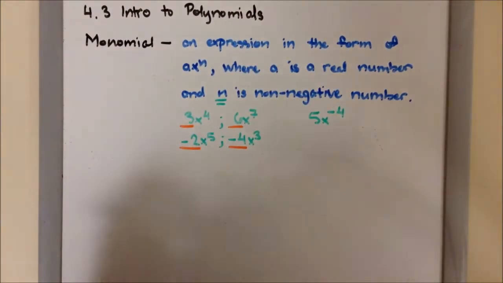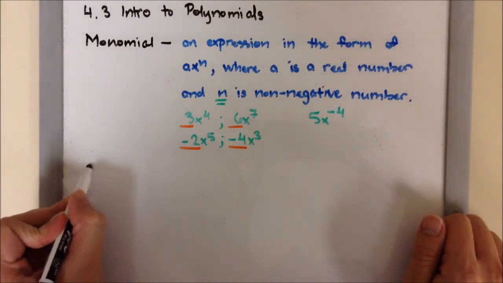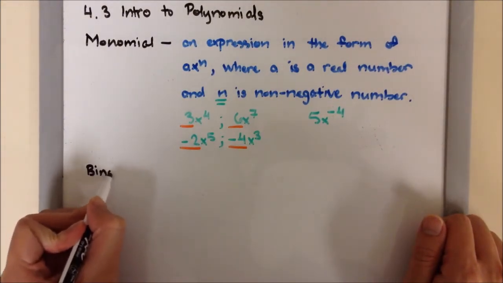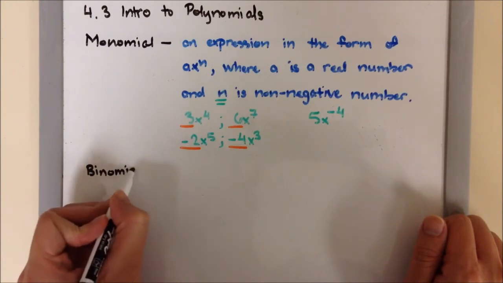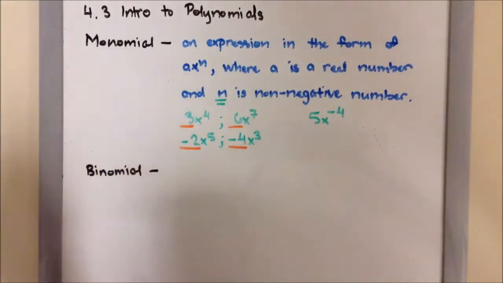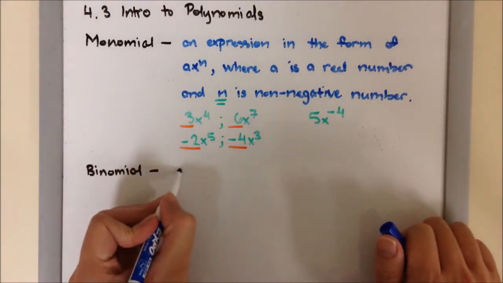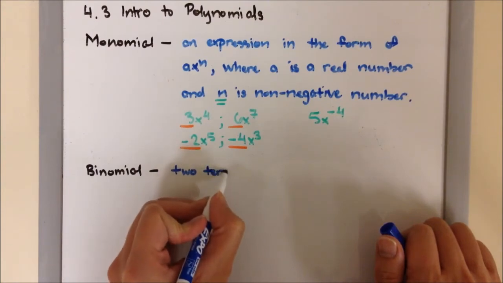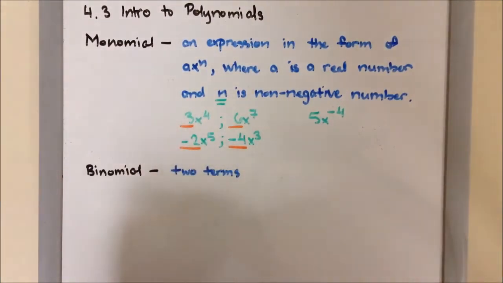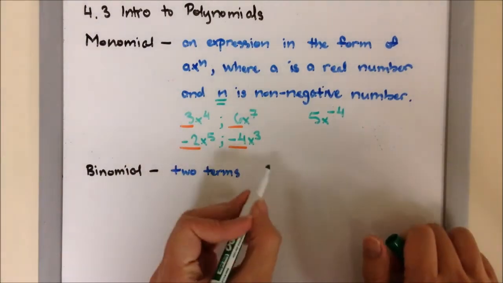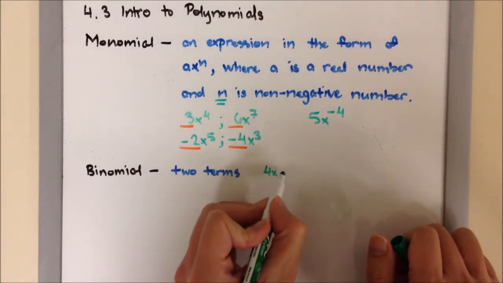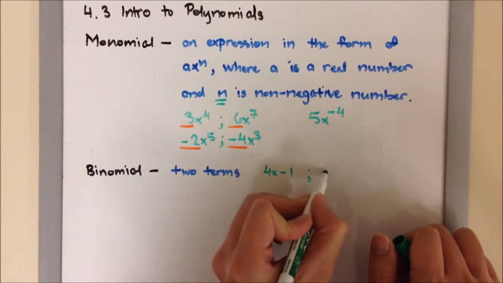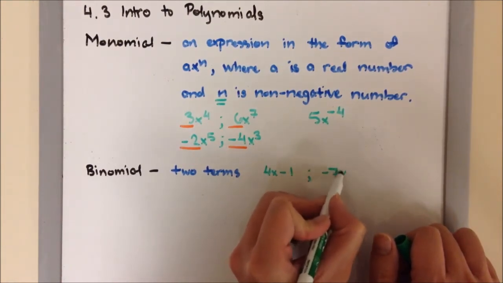Next, we're going to talk about binomials. So binomials means two terms. An example of two terms can be written such as 4x minus 1 or negative 7x plus 3.